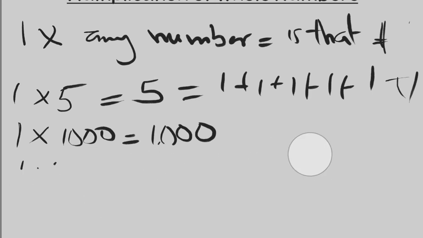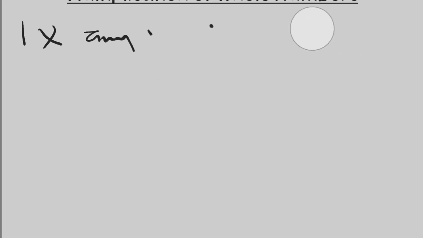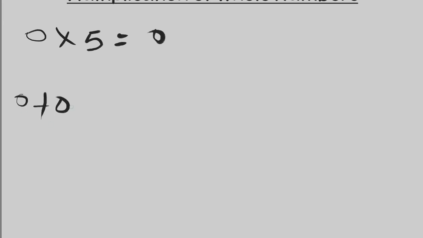You also know that 1 times 0 is 0. Also, 0 multiplied by any number is 0. If I have 0 times 5, it's going to be 0, because what this means is I have 0 five times. 0 plus 0 plus 0 plus 0 plus 0, that's 1, 2, 3, 4, 5, and it's still going to be 0.